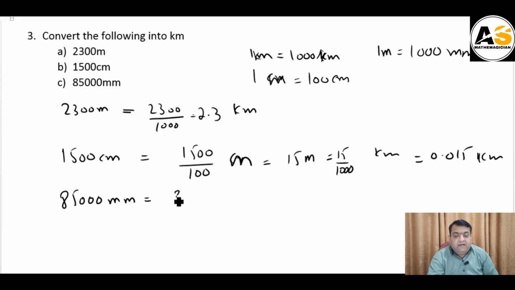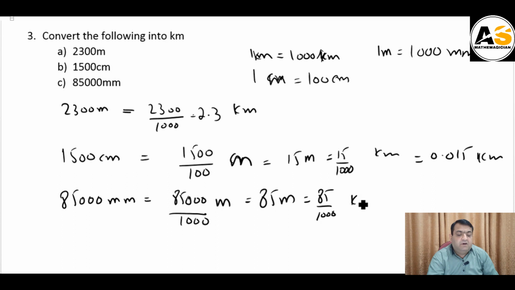I will divide 85,000 by 1000 and it will be converted into meters, which is 85 meter. 1 kilometer is equal to 1000 meter. Now I will divide by 1000 again and I will convert it into kilometer. This is 0.085 kilometer. I hope this is clear.